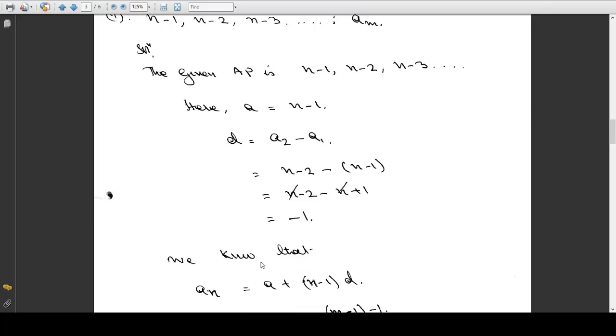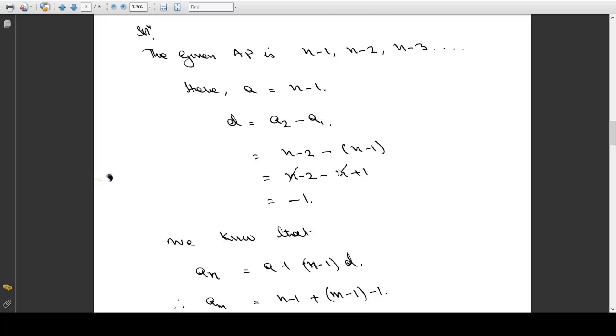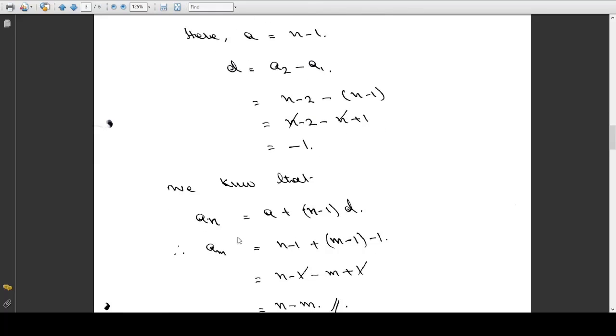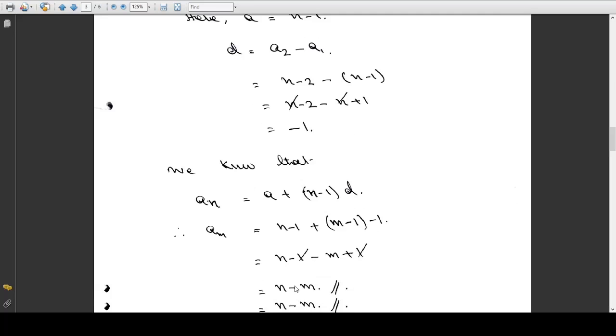Now we know that the nth term is given by the formula a plus n minus 1 d. Now what do you have to find? am. That means instead of n, you substitute m, and the first term is n minus 1, plus m minus 1, and d is minus 1, the common difference. Now minus with plus is minus, minus with minus is again plus.